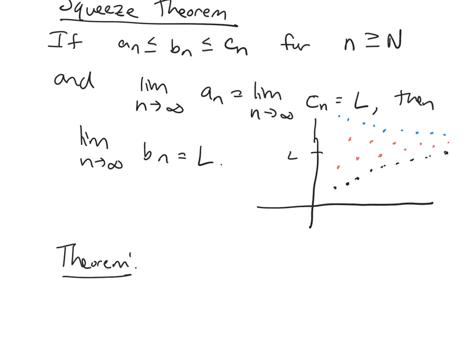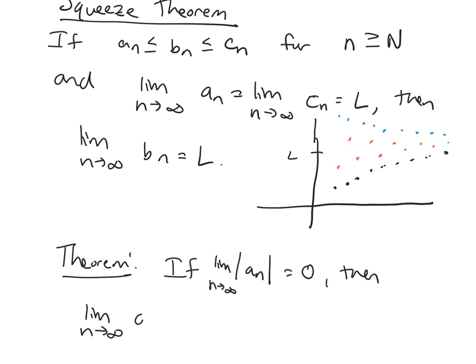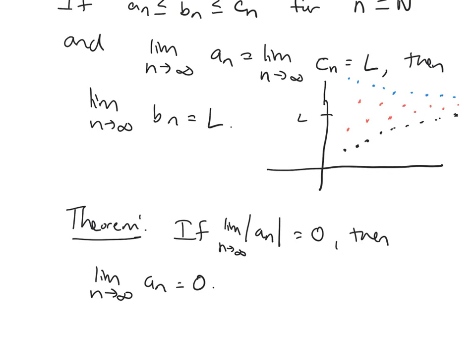Which says if the absolute value of a sub n has limit 0, then the limit of your sequence is also 0. Okay, so this kind of theorem helps you a lot when you have, we saw that example with the alternating sign, positive, minus, positive, minus. This helps a lot in that case, this theorem.